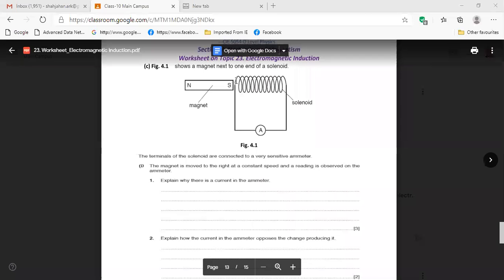So the left side of the coil will be South Pole and the right side will be North Pole. I am labeling it here for making you understand, if you are moving the magnet to the right.